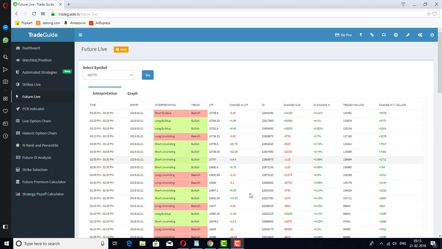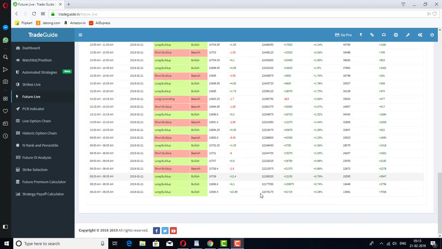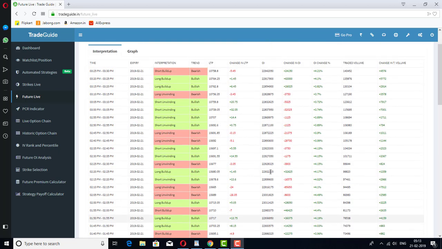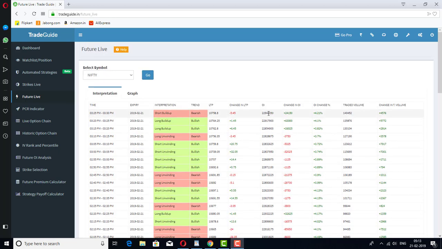This is open interest. So this at the base represents the open interest at the start of the day, and this at the very end represents the open interest at the end of the day at 3:30 p.m. What was the open interest? And here we have change in OI. Change in OI is for 5 minutes, like in the 5 minutes interval from 3:25 to 3:30. What is the change in OI that has taken place in the market?